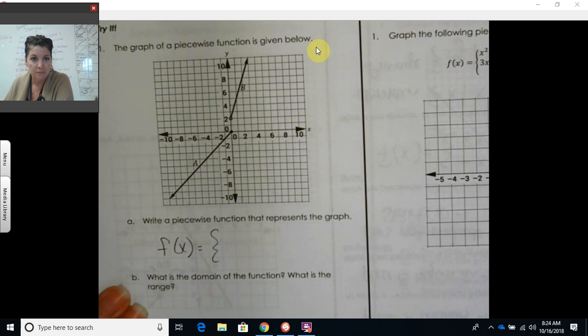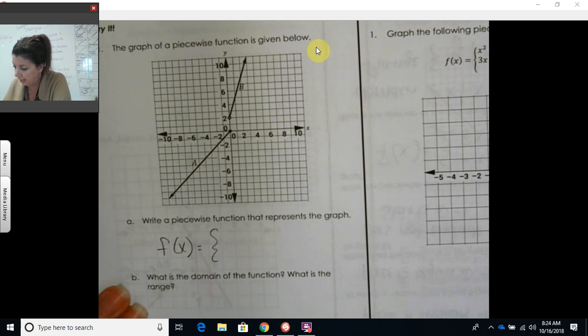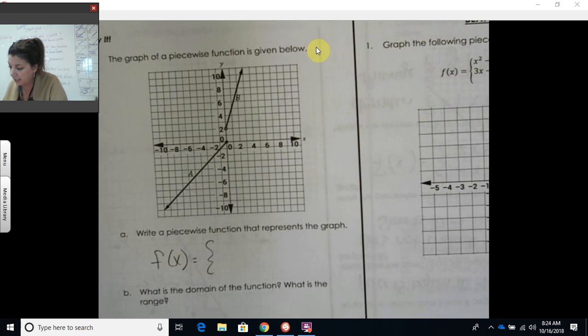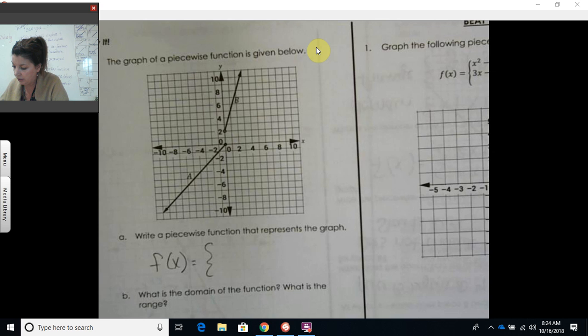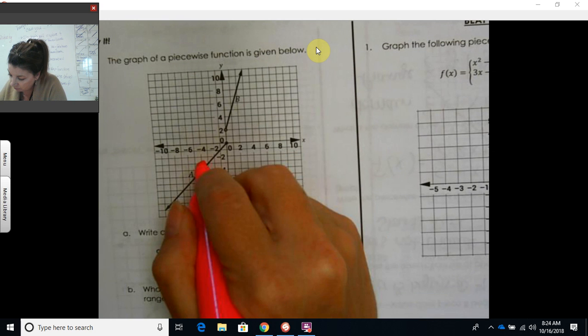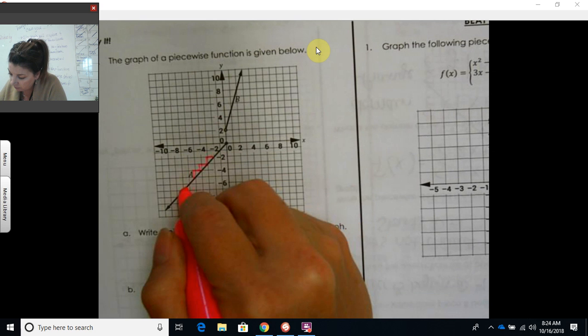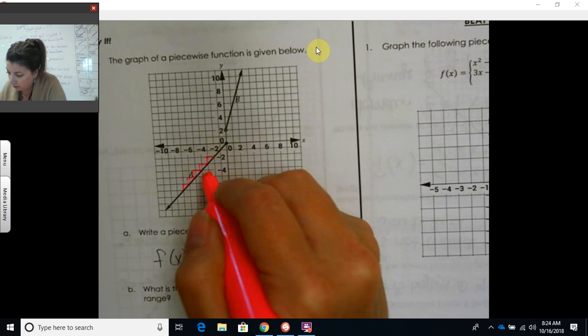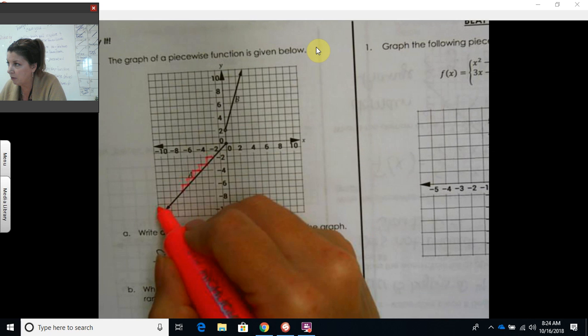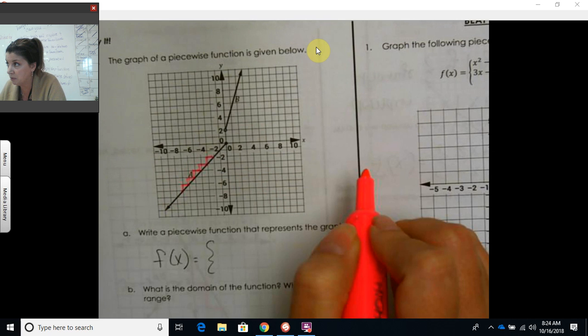So let's look at interval A. What is the slope of interval A? -1? From left to right, are my y values increasing or decreasing? They're going up.